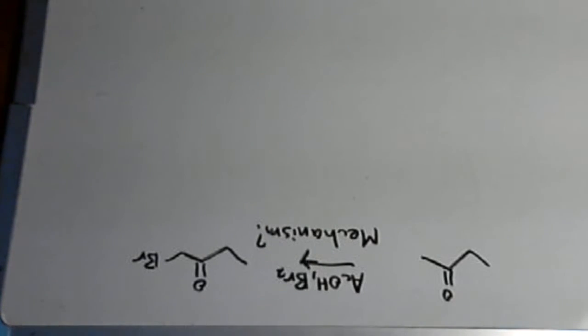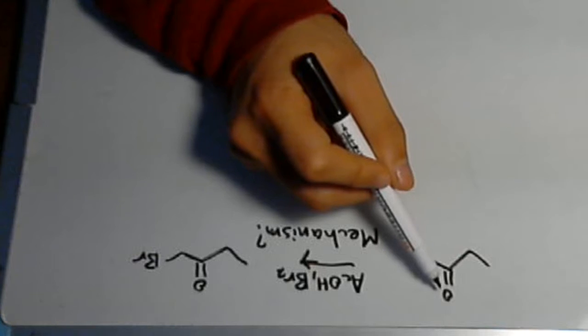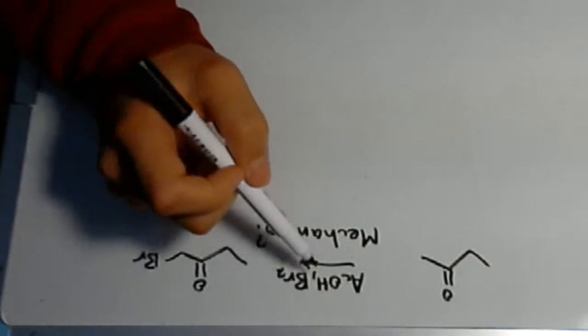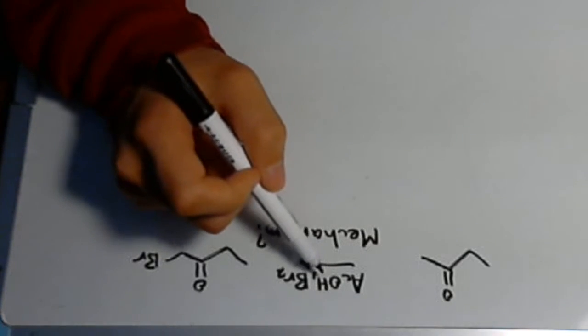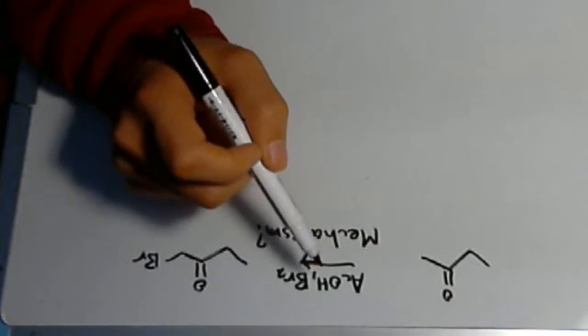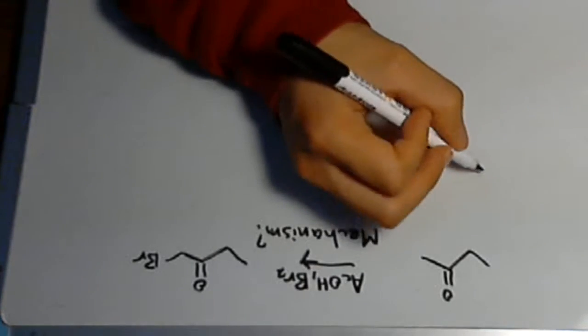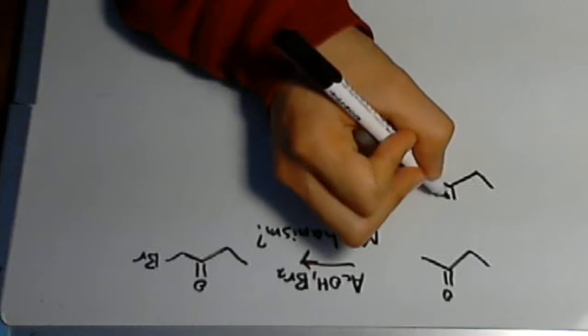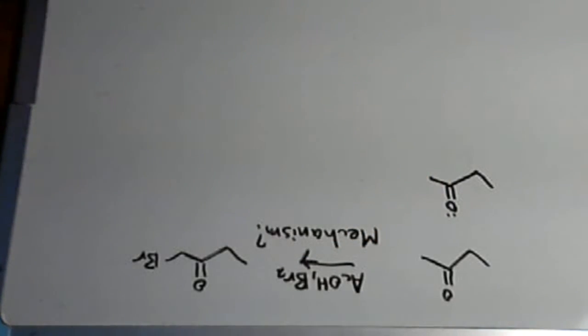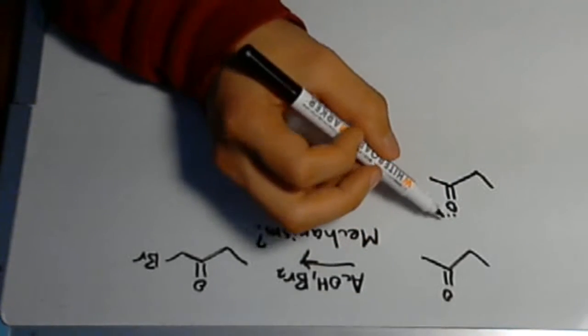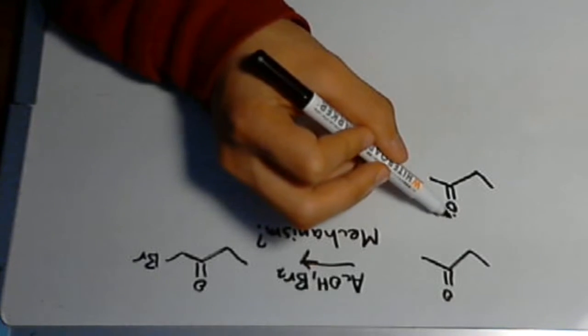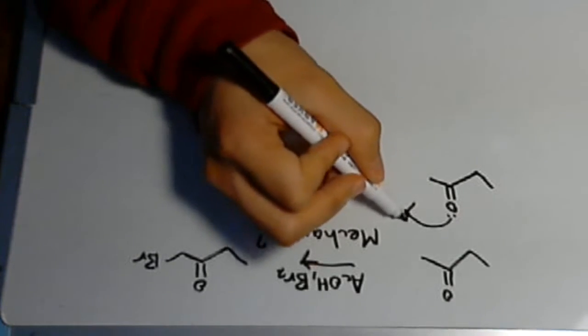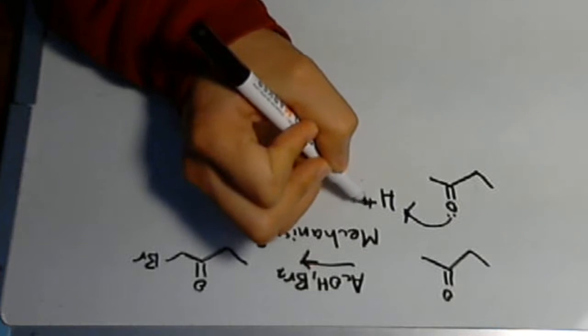It functionally acts as an acid. Okay, so what did we say? We had this carbonyl oxygen, which can act as a base, and now we have AcOH, which can act as an acid. So that's probably what's going to happen. We're going to have the electrons on the carbonyl oxygen steal a proton from AcOH.